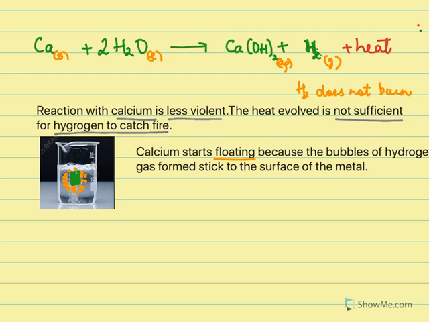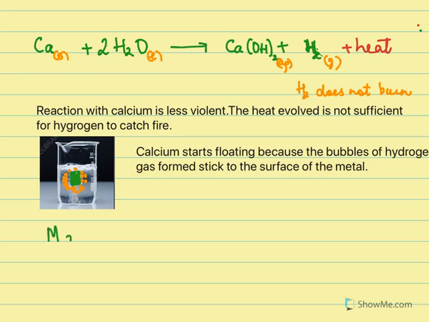So the calcium starts floating because the bubbles of hydrogen gas formed stick to the surface of the metal. Calcium actually is a metal and it should sink in water. The density is higher, but when calcium is added to water, it begins to float because of these bubbles of hydrogen which surround the calcium.